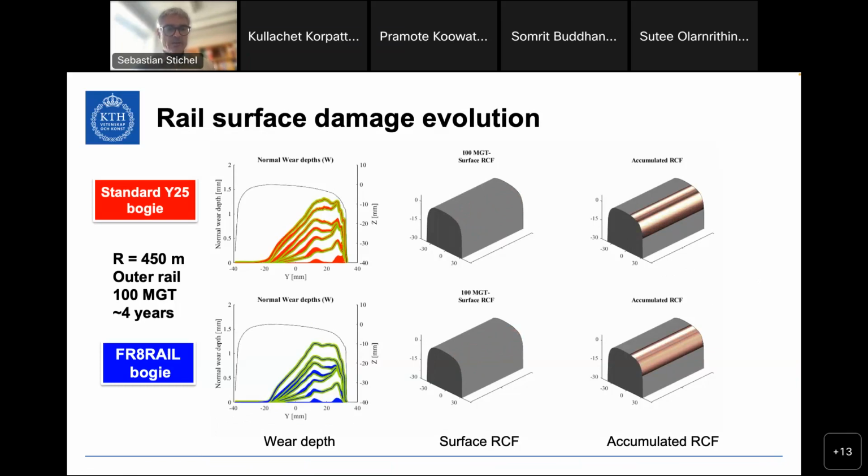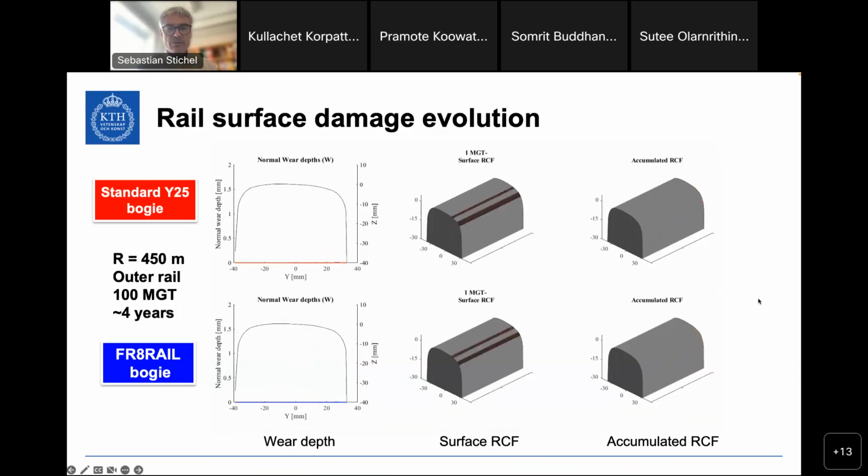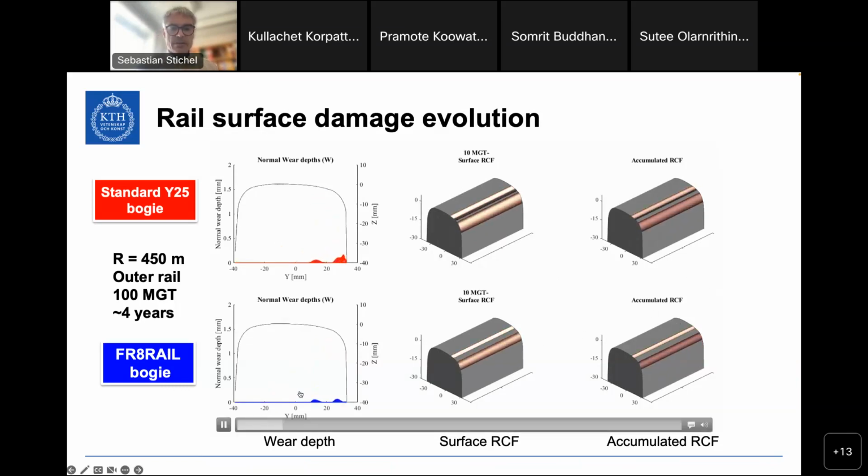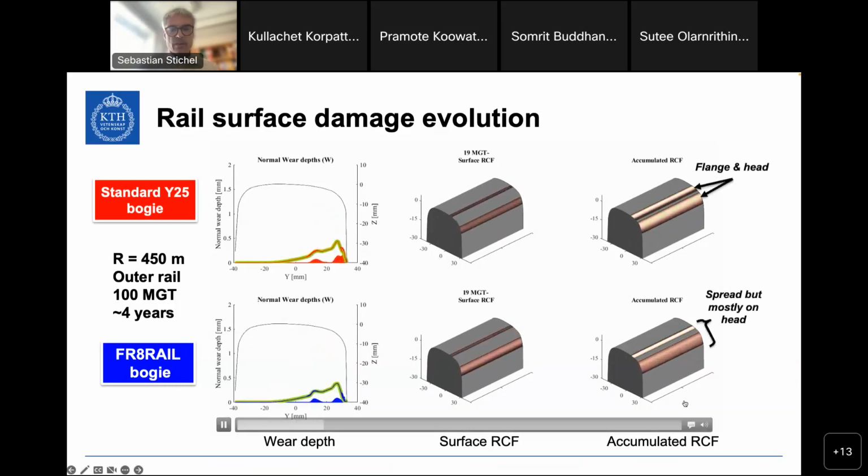And after 100 megagross tons, wait, sorry, now it's starting again. You can see that there's a difference between the two bogies.